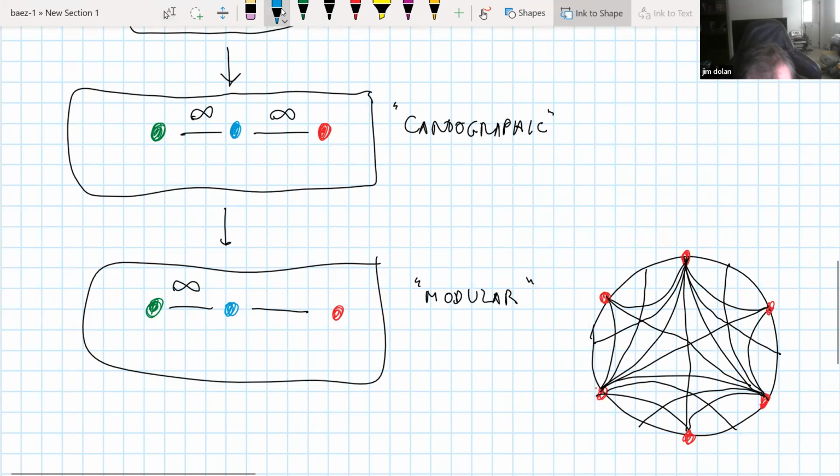The blues are at edge centers, which would be there. Does that seem right?